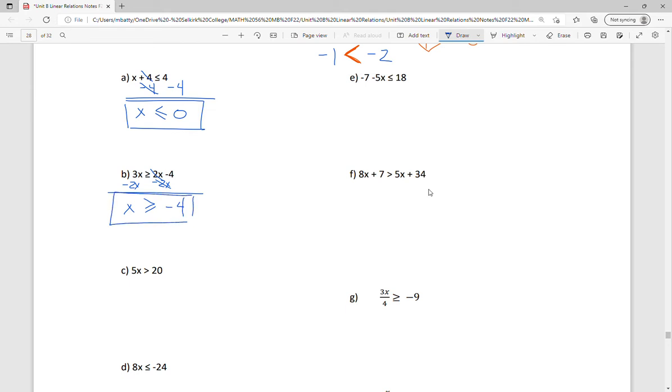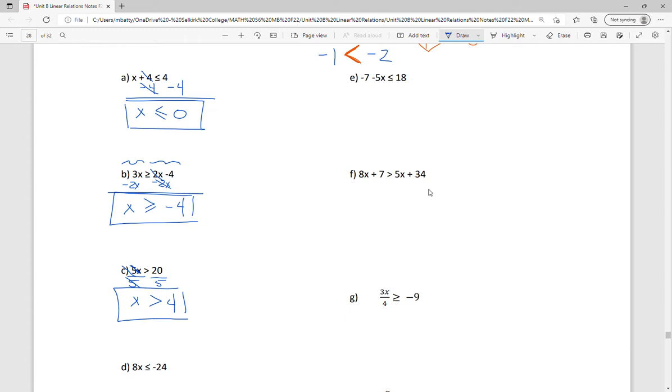That is my answer. What that's saying is that I can take -4 or anything bigger and make this inequality true. This side would always be bigger than this side in that case. Let's keep going. So I divide by 5 to get x by itself. So I get x is greater than 4.